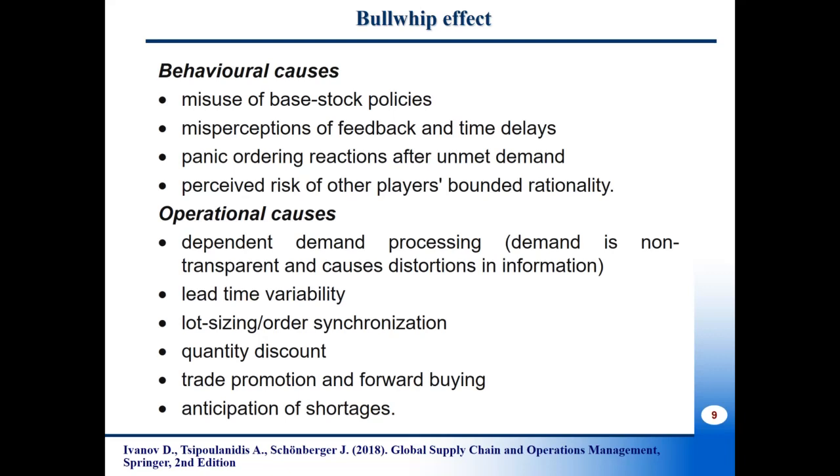Uncertainty about the action of other decision makers is also identified as a trigger for instability. Insufficient coordination between supply chain partners and the critical interaction between bounded rationality and rationing gaming have been revealed as the primary causes of the bullwhip effect.